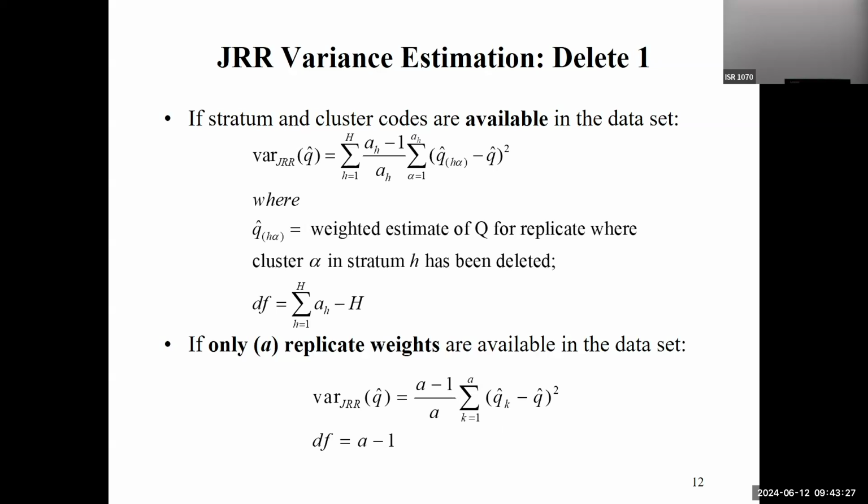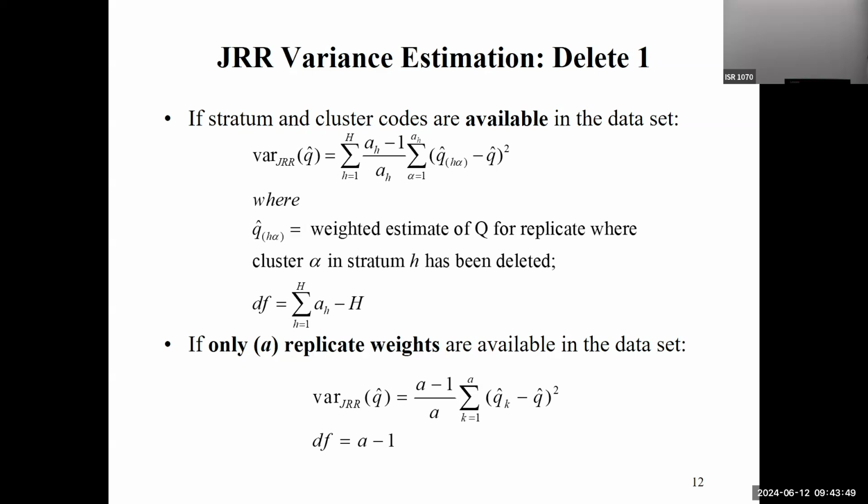We're also recognizing the number of clusters that were available within a given stratum. For the software to actually use this kind of formula, it needs to be able to identify the strata and the clusters. If that information is not there, the software relies on this more general formation of the formula.